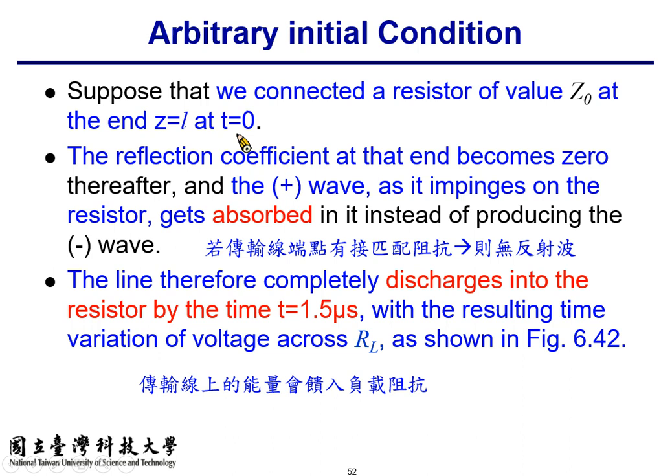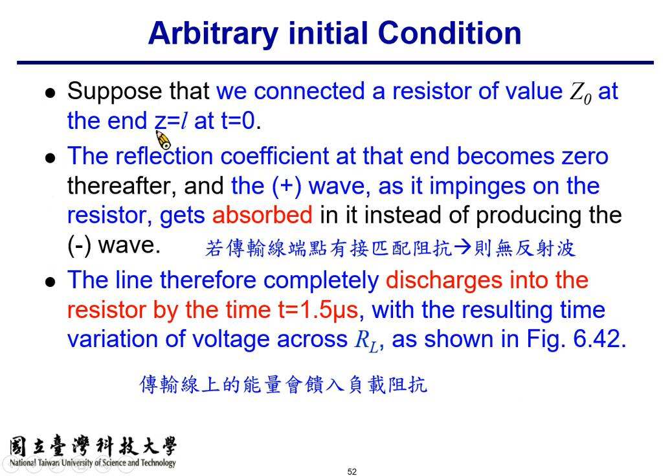to D. If you remember the previous figure, it is 1.5 microseconds long. So if you connect a matching load on the right side at t equal to 0, the signal moving right is absorbed, so the complete signal will be fully absorbed by this resistor within 1.5 microseconds. Okay, so let's go back to the slide. And because the reflection coefficient at the right end is 0 after connecting it with a 50 ohm resistor, the forward going wave, as it impinges on the resistor, gets absorbed in it instead of producing a reflected wave.